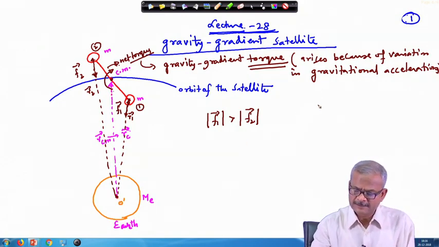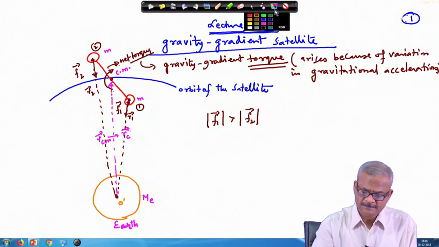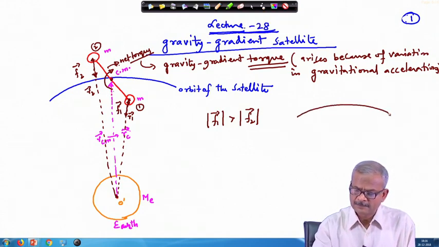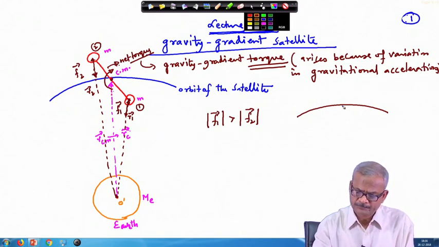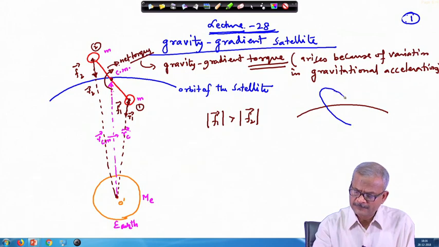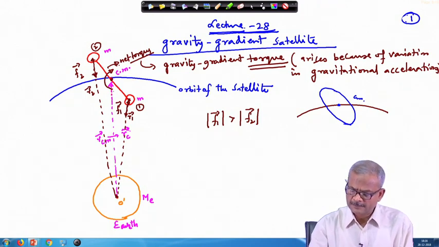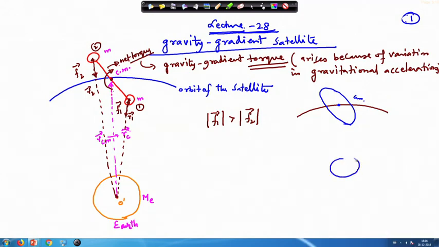Now let us take another case here. Say we have the case of an ellipsoid. This is the center of mass of the ellipsoid, and the earth is somewhere here. This is your earth, and this is the center of the earth.